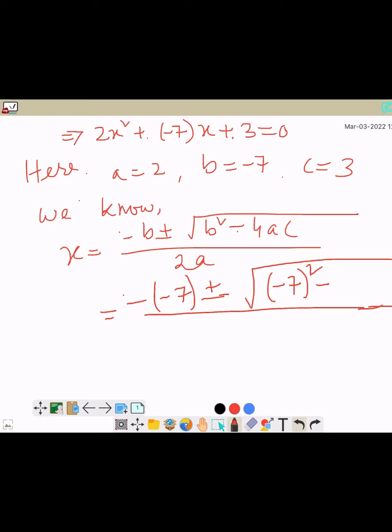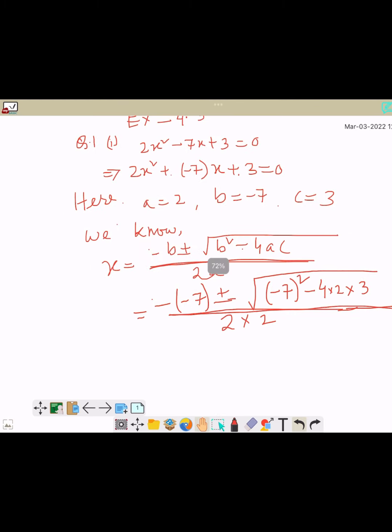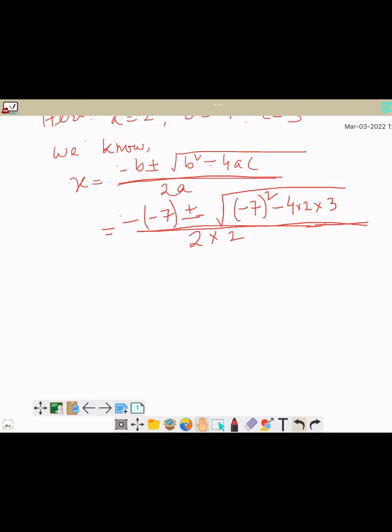Now 4 into a, where the value of a is 2, then c, whose value is 3. The value in the upper line is put, so in the lower line we have twice a, that is 2 into 2. Up to this it is very simple. Now we need to simplify these things.